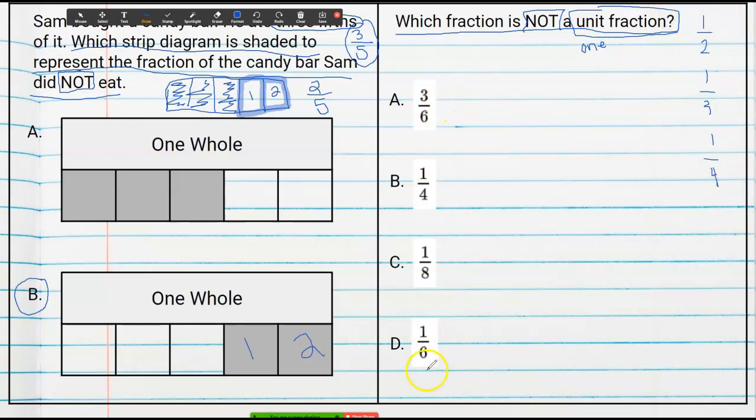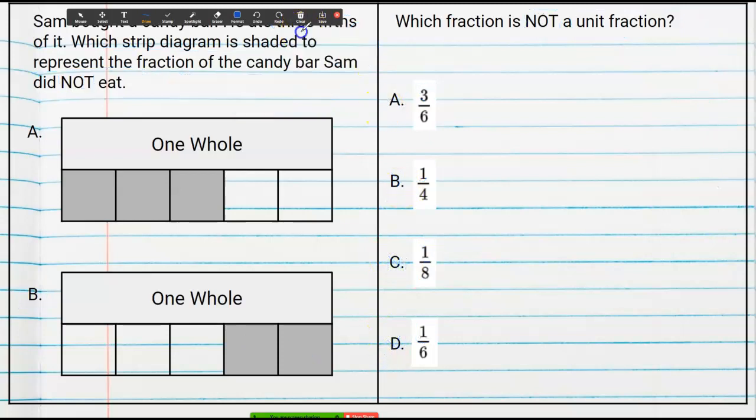So which of these is not a unit fraction? Which of these does not have a 1 in the numerator? Okay, we have a 3, we have a 1, 1, and 1. So we know 3/6 is not a unit fraction. And again, that question was asking for the not.